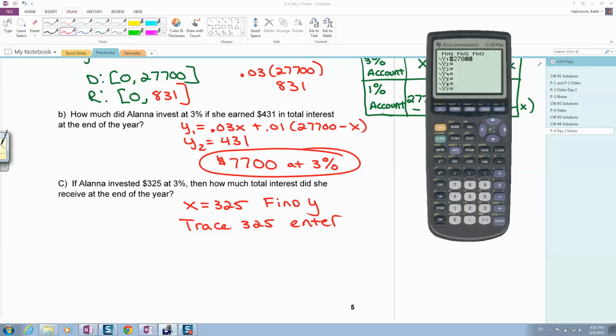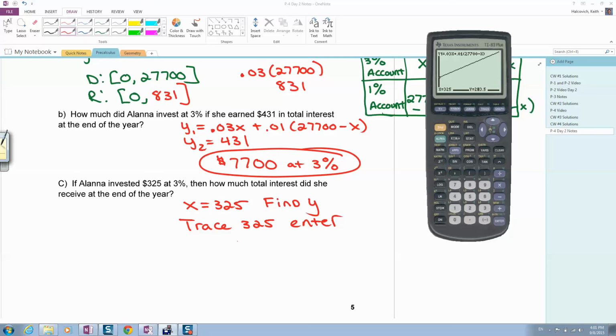So you got 0.03x plus 0.01 times 27,700 minus x, and then you graph it, and then you got to hit trace, and then 325, enter.